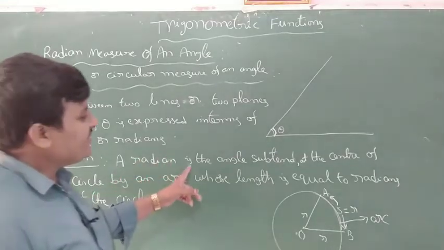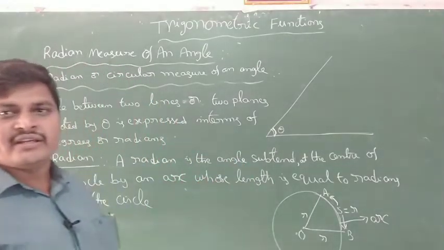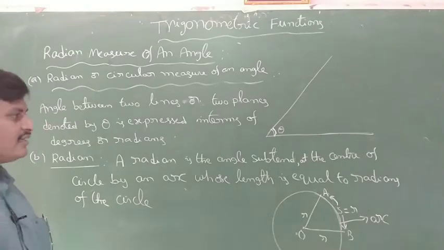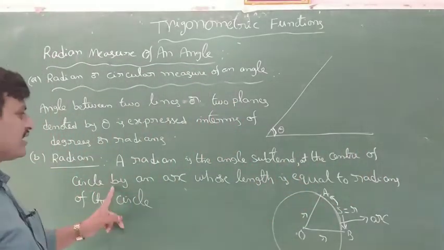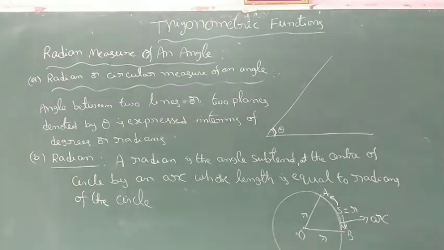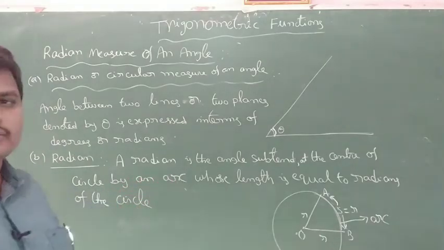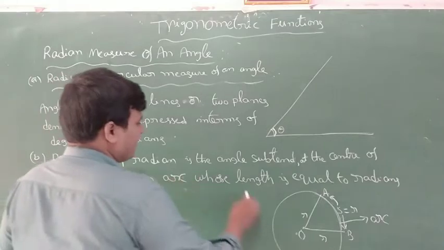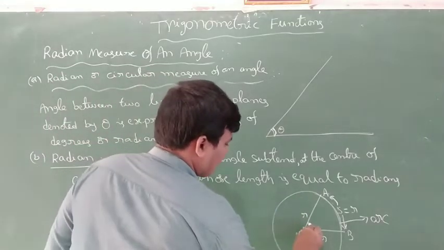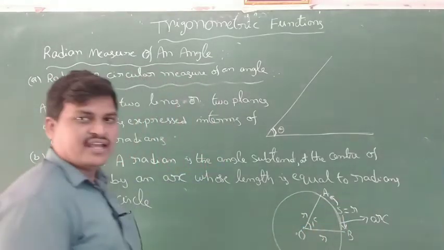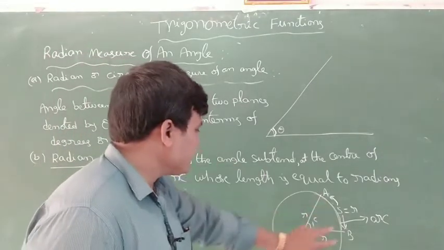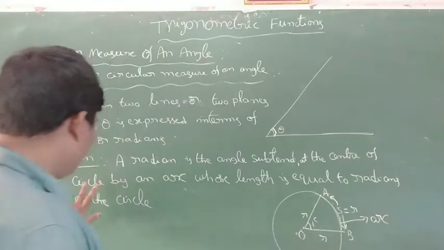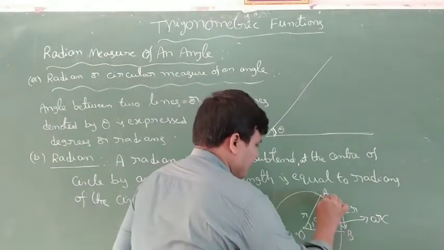A radian is the angle subtended at the center of the circle by an arc.